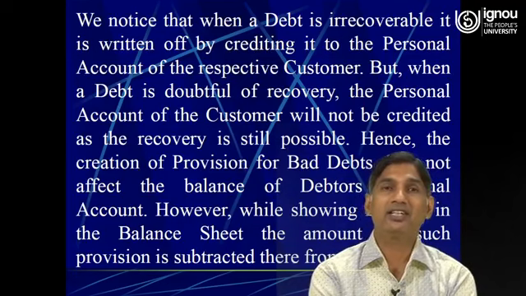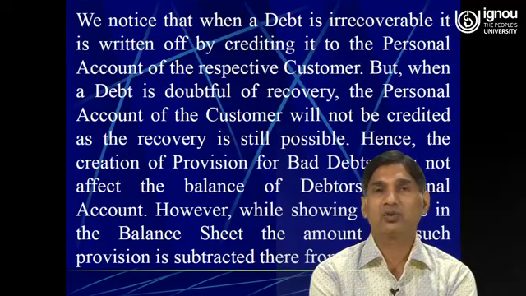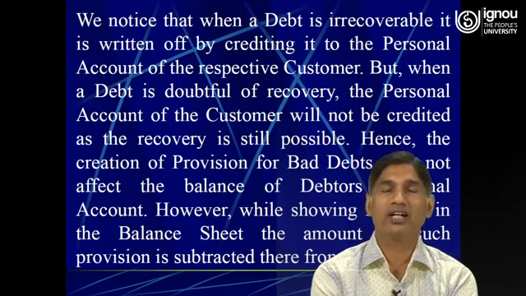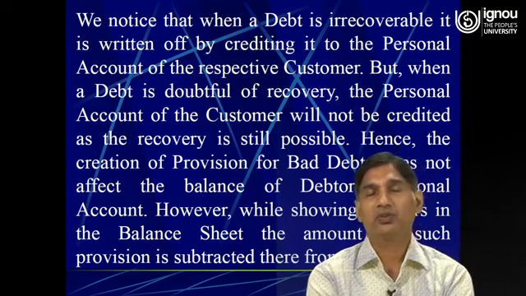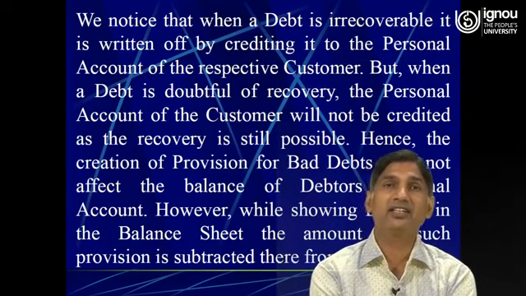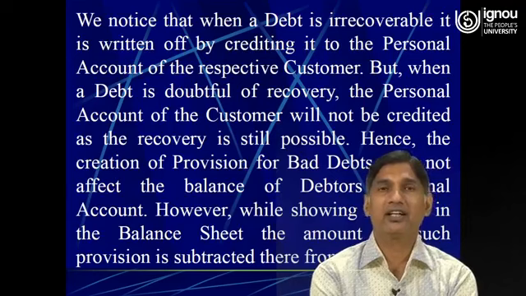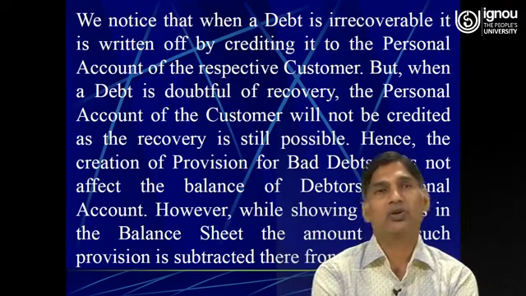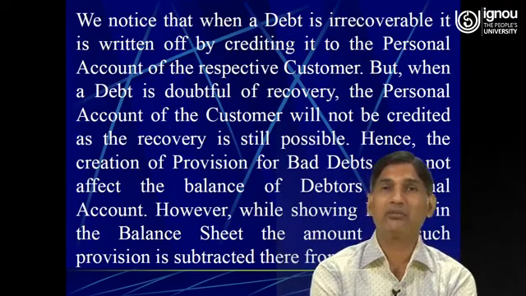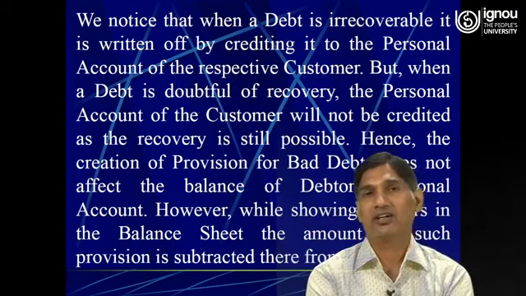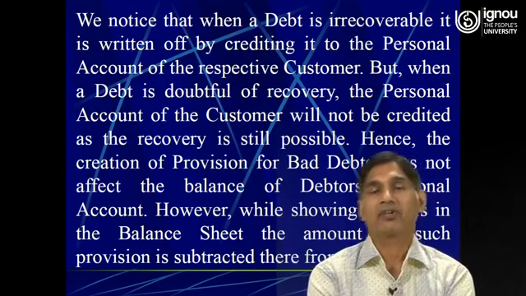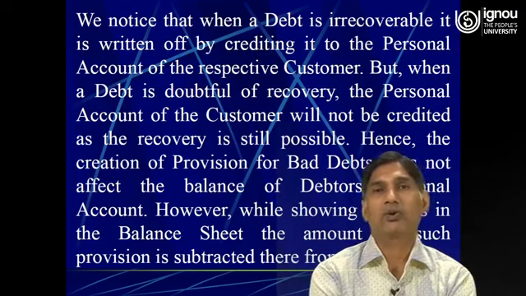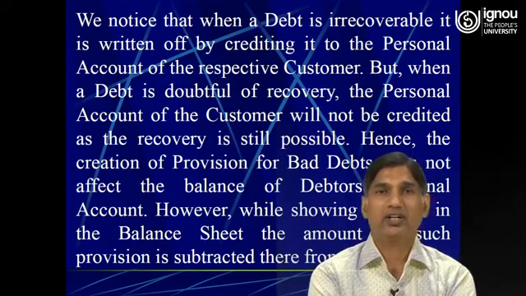When there is only a chance of doubtful debts, the account of the debtor cannot be credited. If we credited the account of the debtor, it would mean the amount has gone into bad debts. That mistake we should never commit while dealing with the adjustment of provision for bad and doubtful debts.